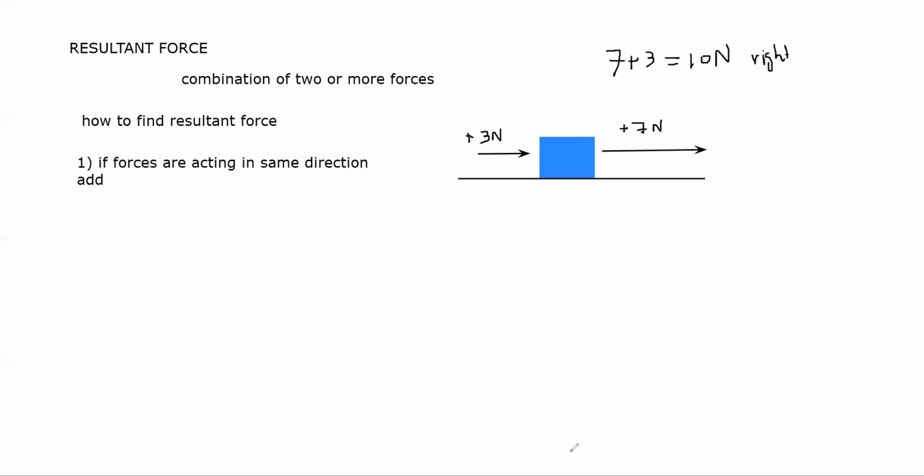So when two forces, or it can be more than two forces, are all acting in the same direction, to get the resultant we will simply add them. But if two forces are acting in opposite direction, to get the result, we will subtract them.